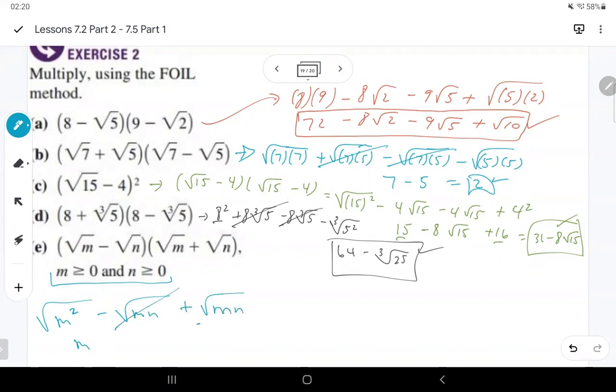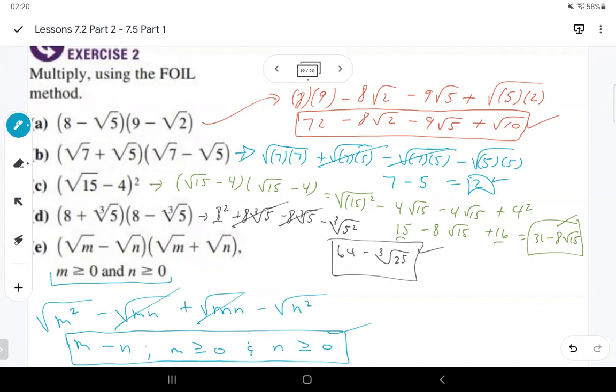So those are actually going to cancel. Minus the square root of n squared, so minus n. And we should say that m is greater than 0 and n is greater than 0. Not so much for the answer, but for the original, what we were given. It's just kind of good to keep that like that.